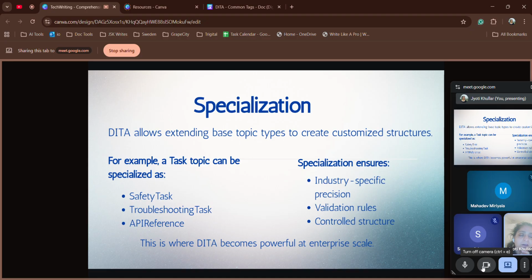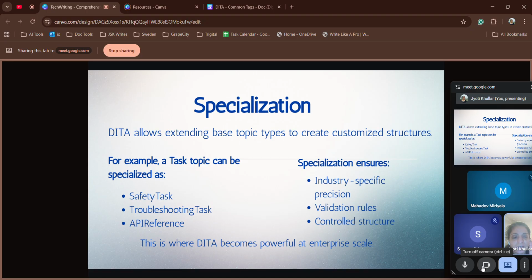Over a period of time, they have created their specific tags that belong only to DITA and their organization. So whenever a new topic comes, because there are strict rules and guidelines, they know how to place those topics, right?